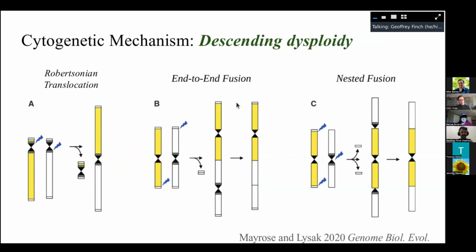Cytogenetically, the mechanism is what we call descending dysploidy. We heard about that a little bit already today, where there are a few different specific mechanisms that can lead to single chromosome number reductions. The key thing is that the chromosome number is decreased by 1 without losing any significant gene content.